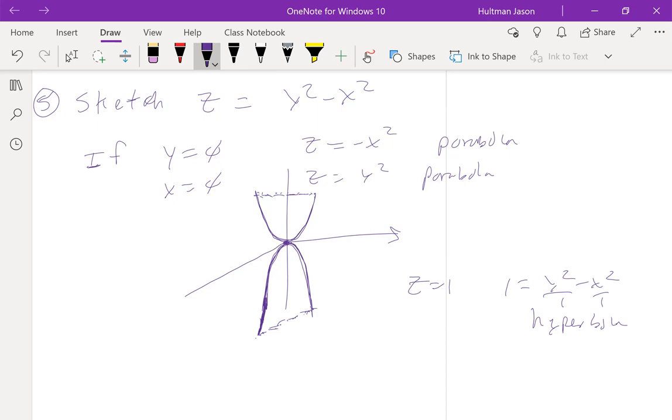So at 1, I get a y-facing hyperbola, and it looks like this. Let's call this z equals 1. Let me get rid of this, because it's going to get in the way of my picture. And then over here, I get the other part of that hyperbola.